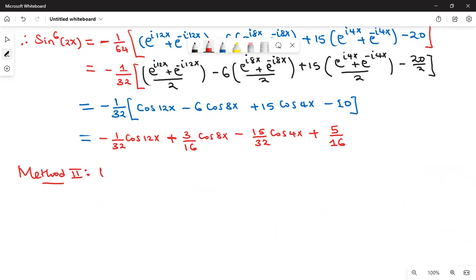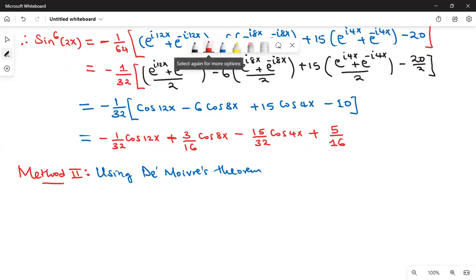So here you write, using the de Moivre's theorem. Remember the de Moivre's theorem?